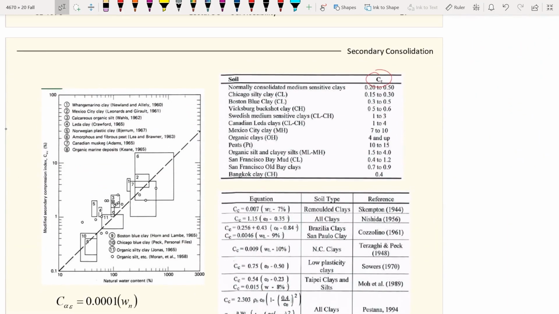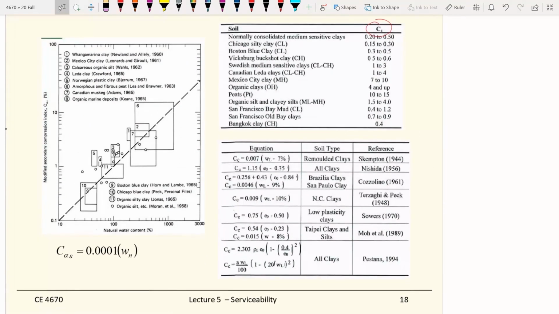If you have typical soils that you can compare with, then those are the numbers. And if you lack experimental data, because again those consolidation tests can be very expensive, and you want some correlations, the C sub C is related to the initial void ratio e naught, or the water content w here. Those are some correlations by some researchers.